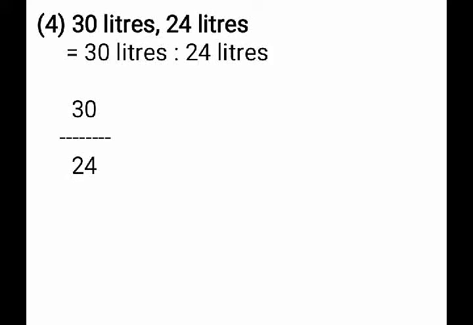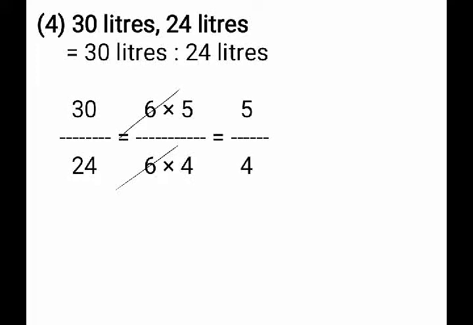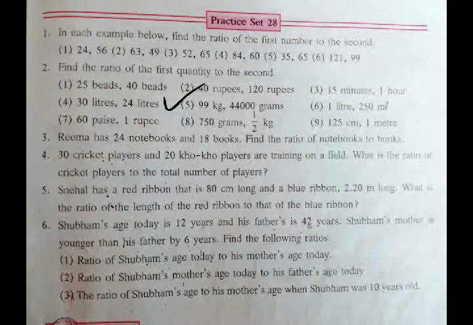So that is equal to 6 5s are 30 upon 6 4s are 24. Cancel 6 on numerator and denominator. So what will remain? 5 upon 4. The ratio form of 5 upon 4 is 5:4.